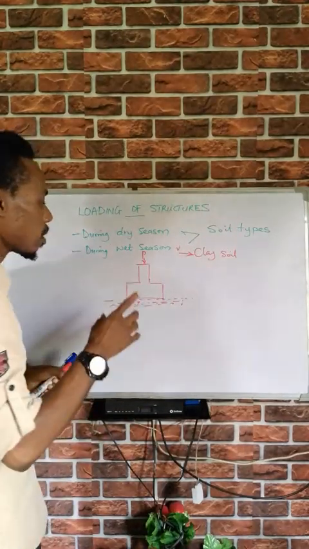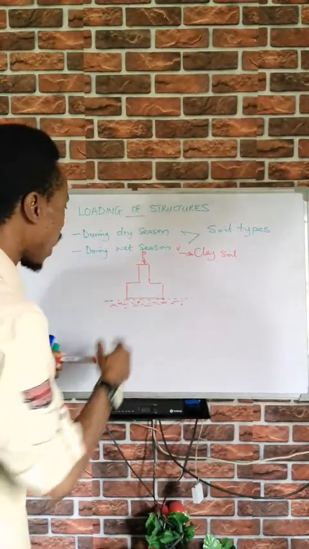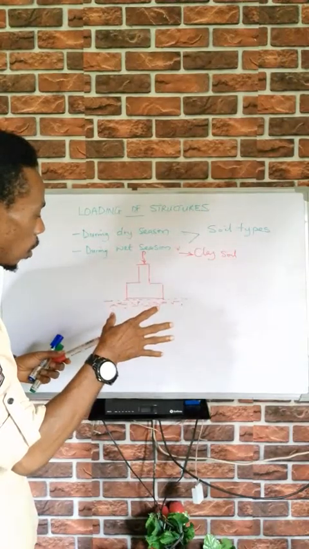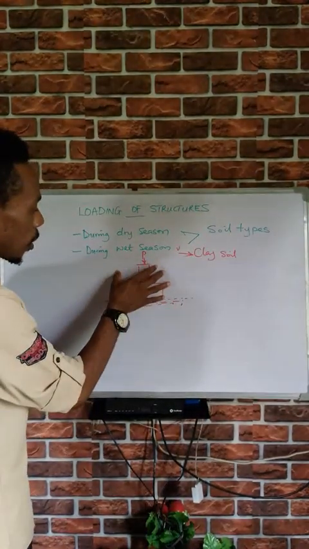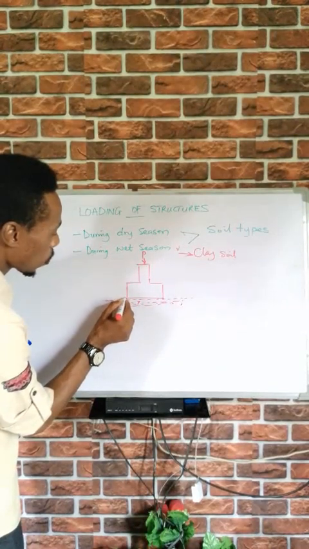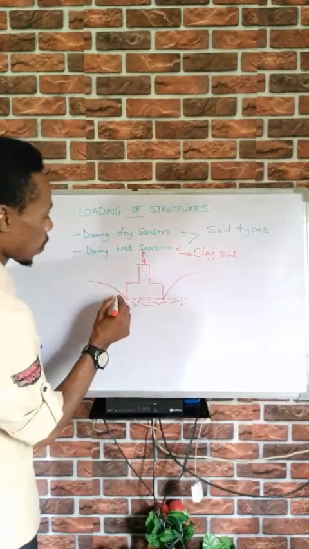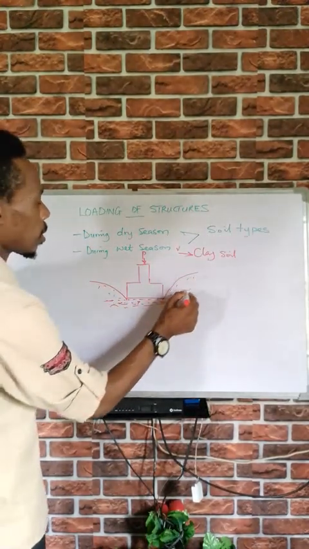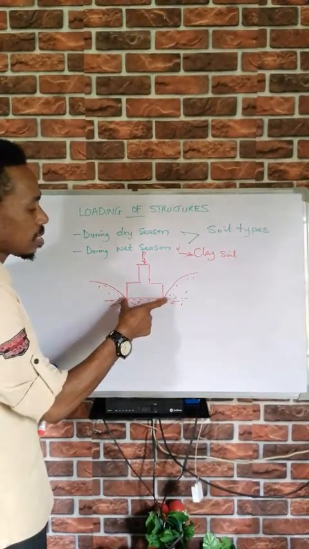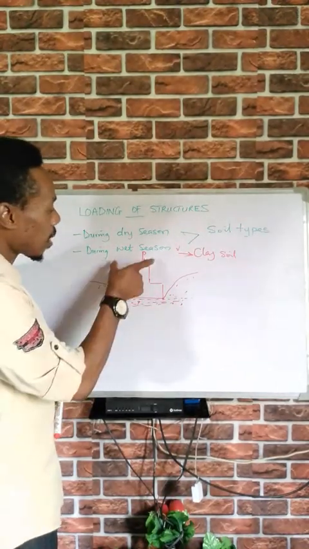But if that is not done, when you start loading this structure or start loading the soil, this compressible soil tends to create an upward reaction. That is, this base will displace this contact area. And why does it displace this contact area during the wet season?